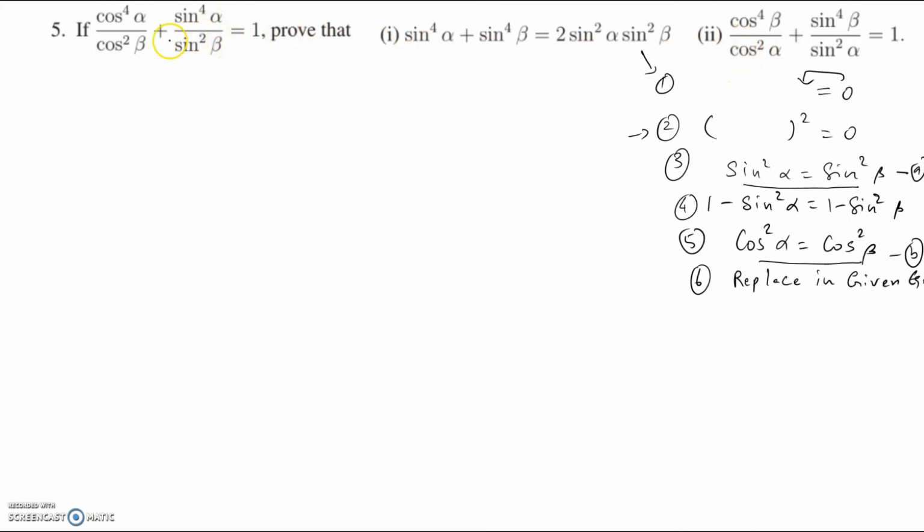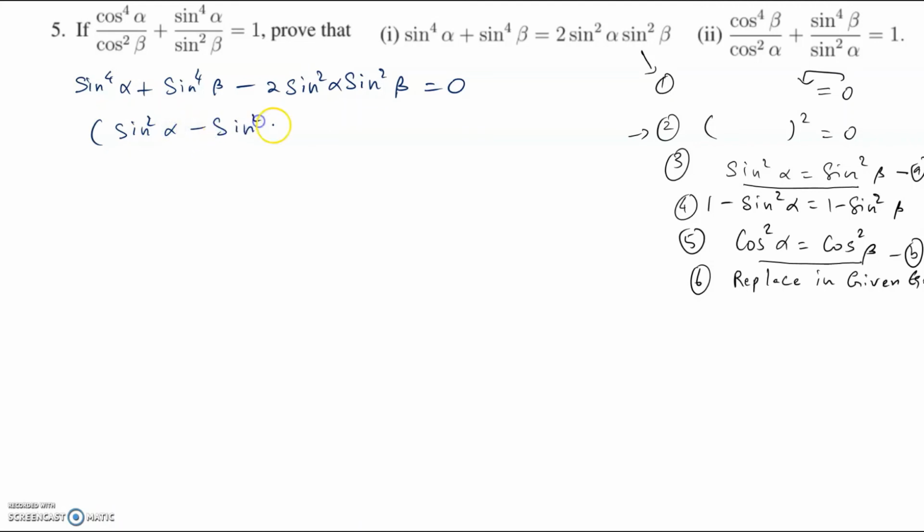So let's proceed. So we have here sin to the power 4 alpha plus sin to the power 4 beta minus 2 times sin squared alpha sin squared beta is equal to 0. So if we take the square of this, it will be (sin squared alpha minus sin squared beta) the whole squared is equal to 0.